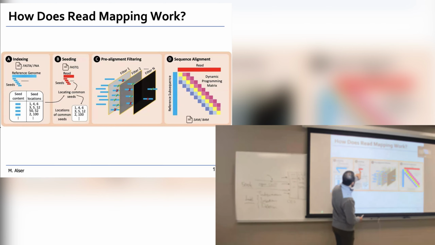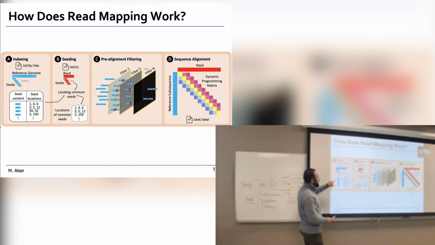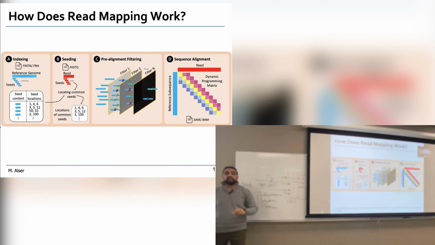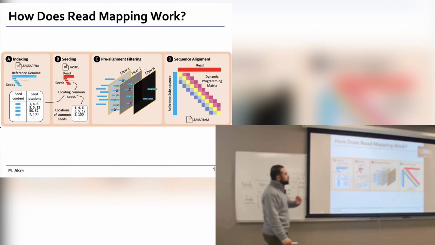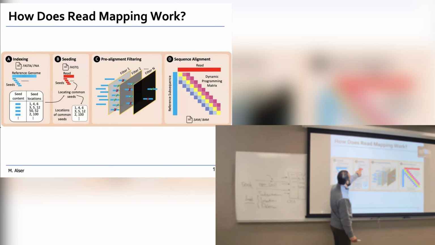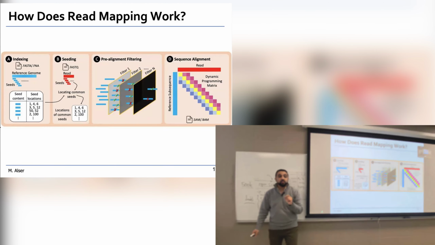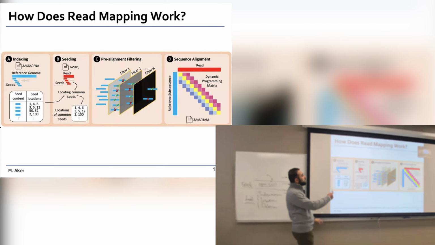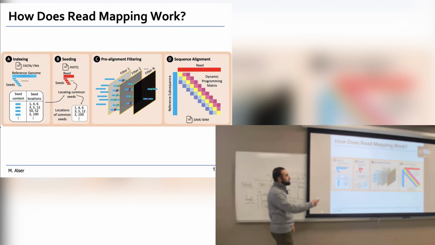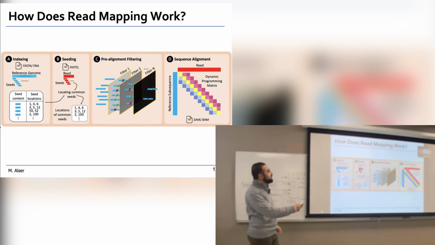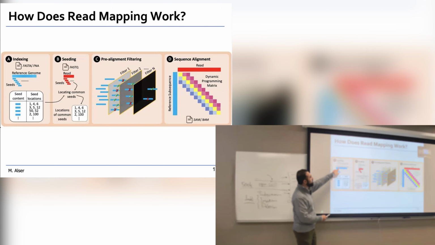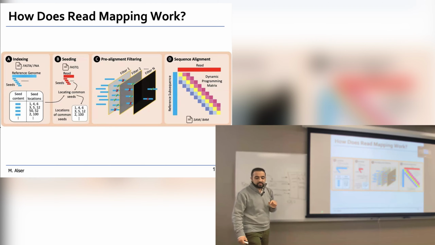As long as you generate any one of them, you directly go to the hash table and try to figure out, does it exist? Okay. And we do that only for the read or the query. We don't do it to the reference genome. We do it to the queries. So seeding is related to the query, which is the read sequence. That is the FASTQ file. The indexing is related to the FASTA file, right?